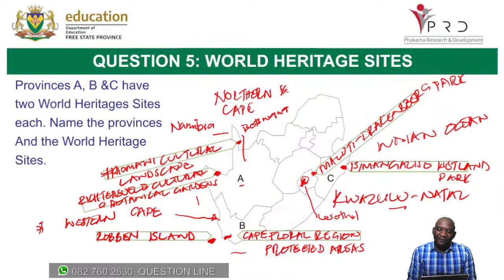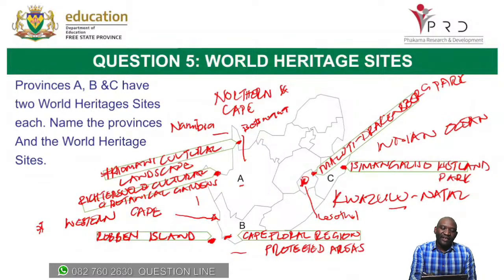And then the one that is closer to the Indian Ocean is Isimangaliso Wetland Park. And then we came to Province B, we identified it as Western Cape, and we said that the World Heritage Site which is closer to Table Mountain is Cape Floral Region Protected Areas. And then the one that is just outside the province, it means that it's an island because it is surrounded by water. It's Robben Island. And then we also identified the 2 World Heritage Sites that are found in the Northern Cape.